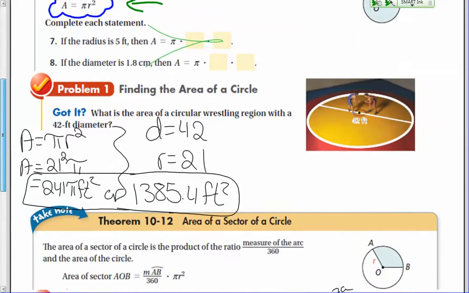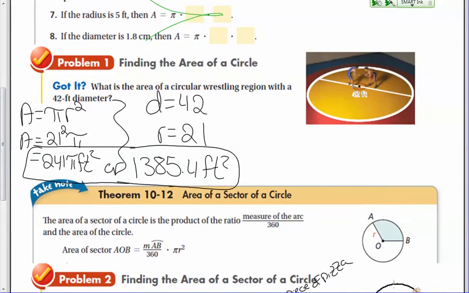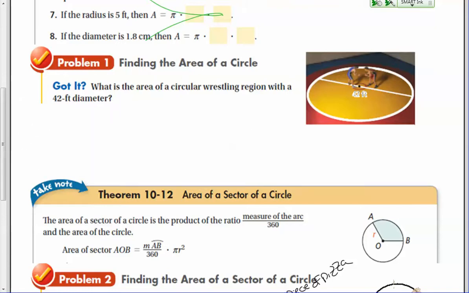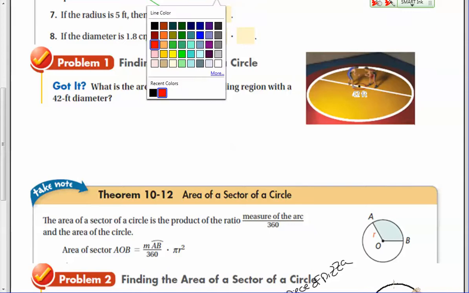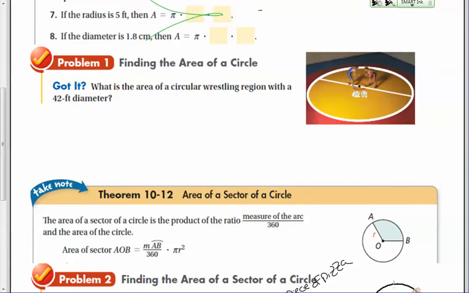All right, let's take a look at problem number 1. We are going to continue to set up our problems the same way that we always have. If I want to know the area of a circle, well, then I'm going to use the area formula. I know that my area formula is pi r squared.